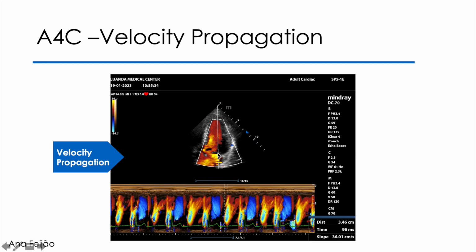I reduce the color scale to 40 centimeters per second. Then I place the M-mode cursor aligned with the mitral flow, and record its behavior. The propagation velocity is calculated on this initial flow slope.